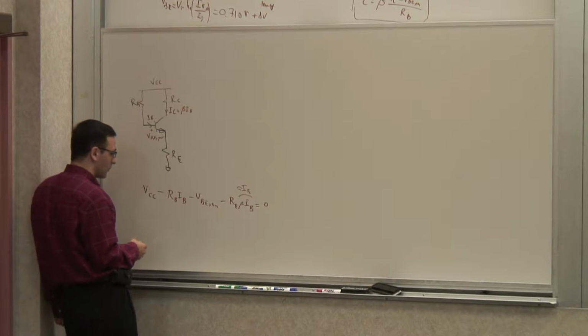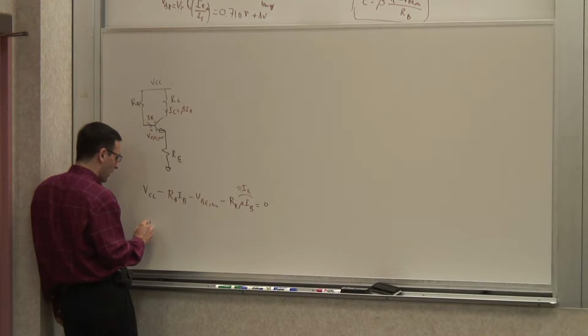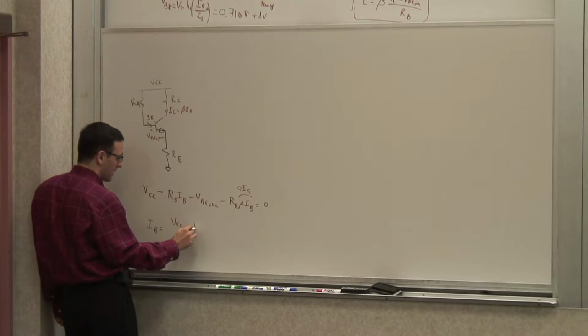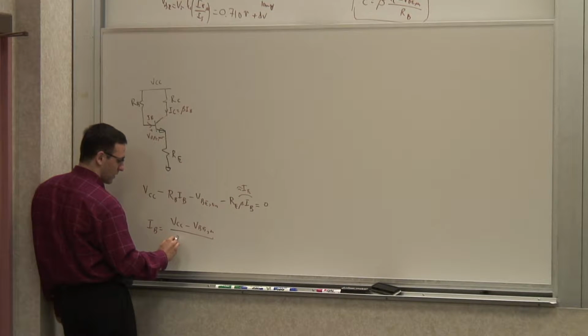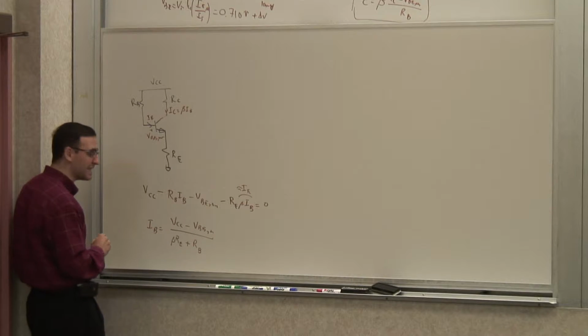That's an equation for IB. One equation, one unknown. So I can solve it for IB. IB is VCC minus VBE on these two terms divided by what? RE, beta RE plus RB. But that's IB. I'm interested in IC.